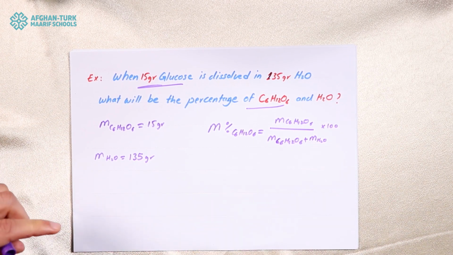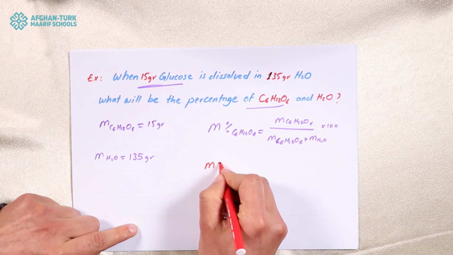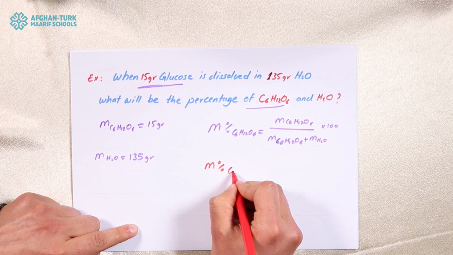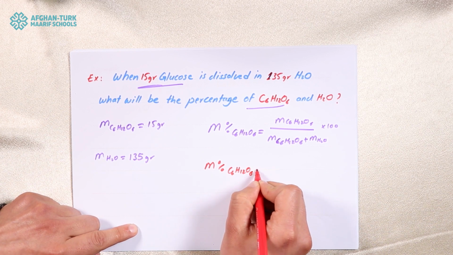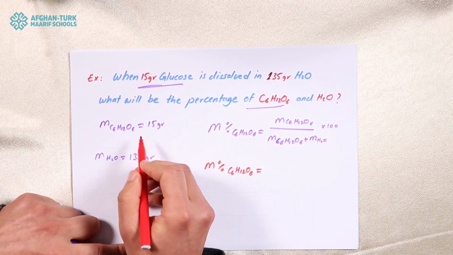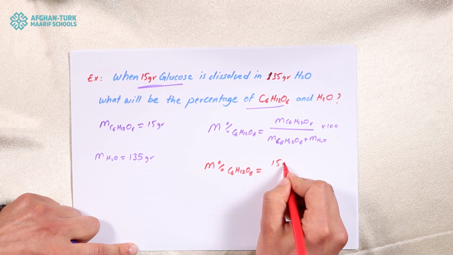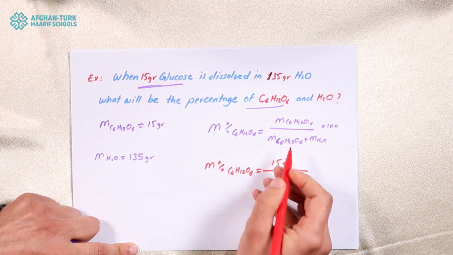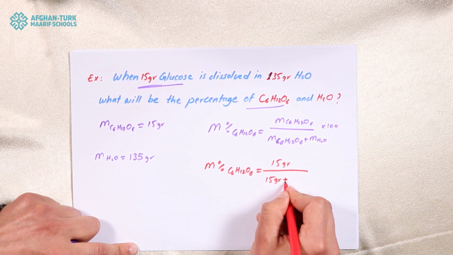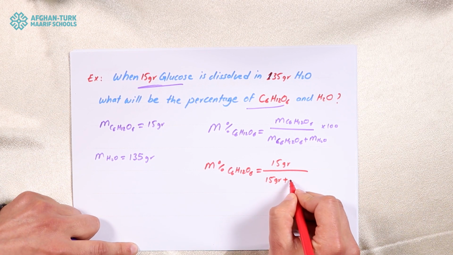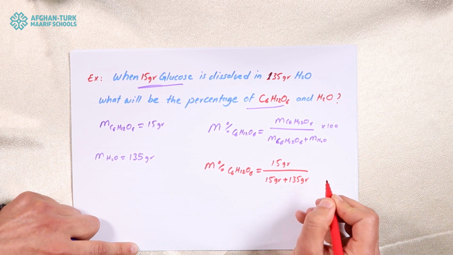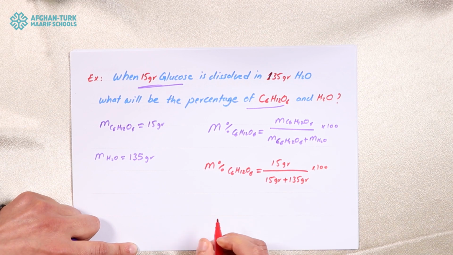According to this formula, we can solve this question. Mass percent of glucose is equal to mass of glucose, 15 grams, divided by mass of glucose, again 15 grams, plus mass of water, 135 grams, times 100.